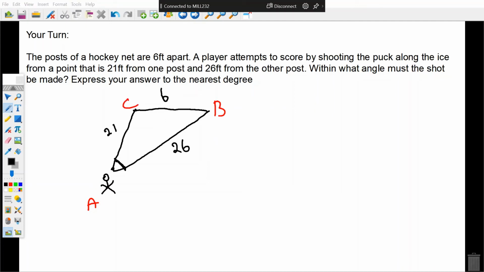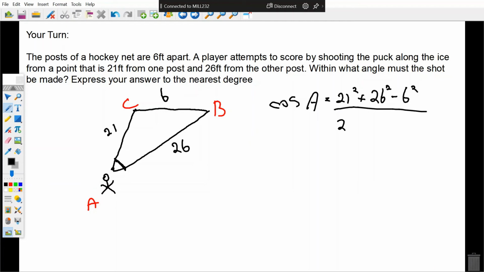So it's going to be cos of A equals 21 squared plus 26 squared minus 6 squared divided by 2 times 21 times 26.